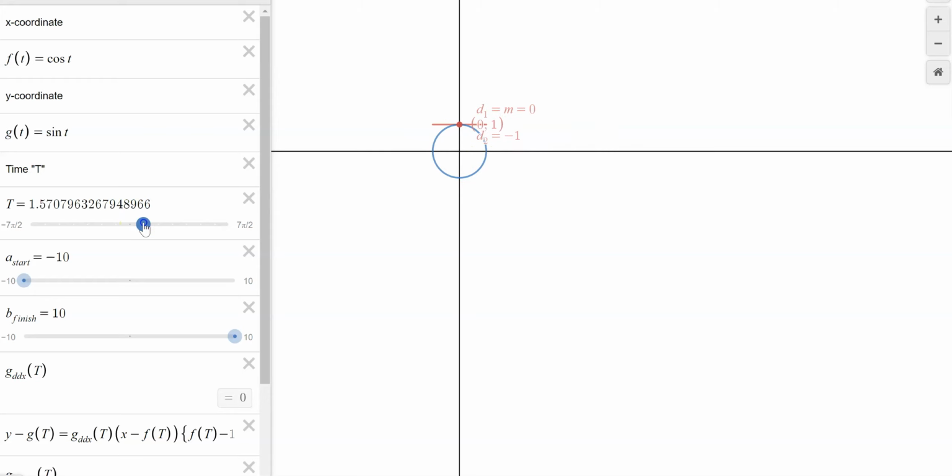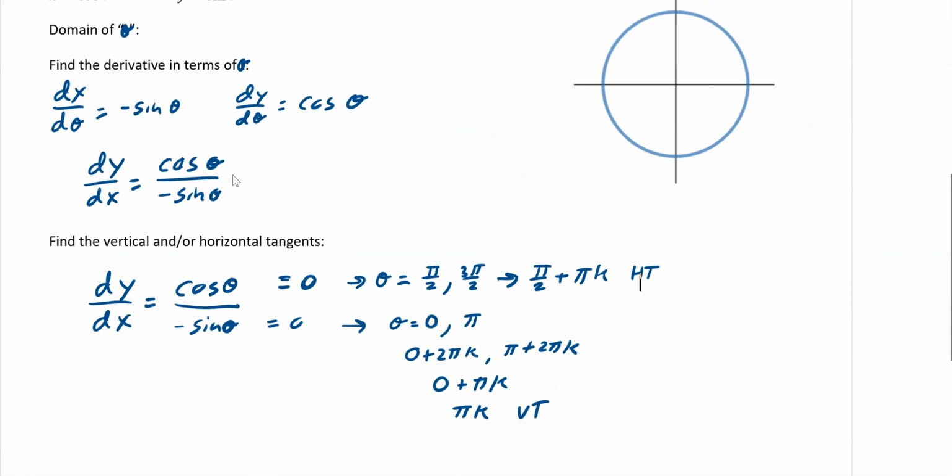And then if I go to pi over 2, horizontal, vertical, horizontal, vertical, it's just going to continue and going the other direction as well, even in the negatives, since it's pi k, where k is an integer. And so as it moves around our circle, it's just going to go back and forth between vertical and horizontal all the way around. All right, and so those are our horizontal and vertical tangents.